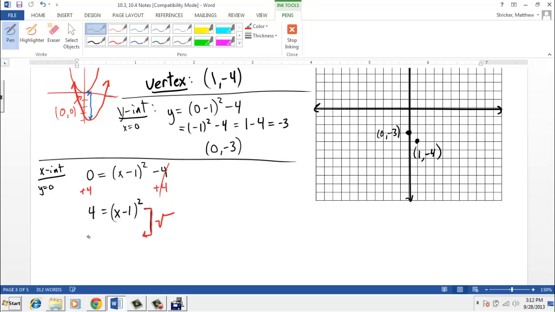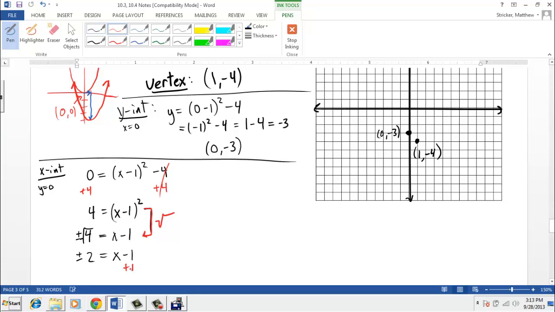Take the square root of both sides, so we get plus or minus the square root of 4 is equal to x minus 1, which gives us plus or minus 2 equals x minus 1.